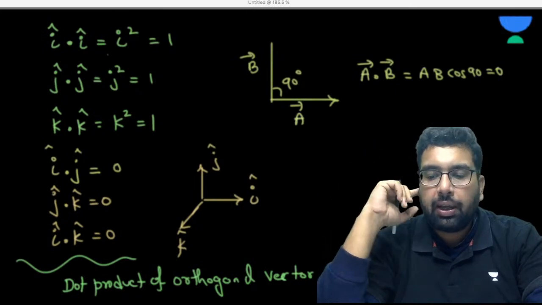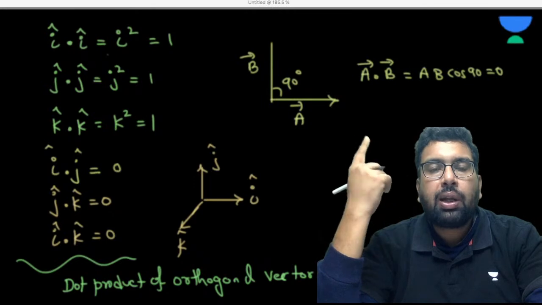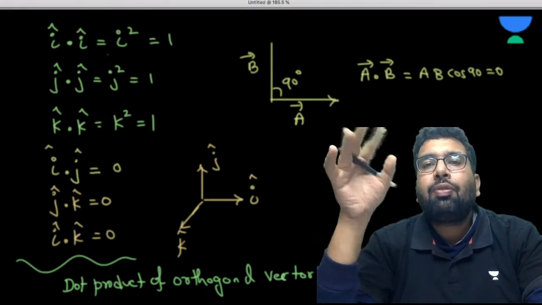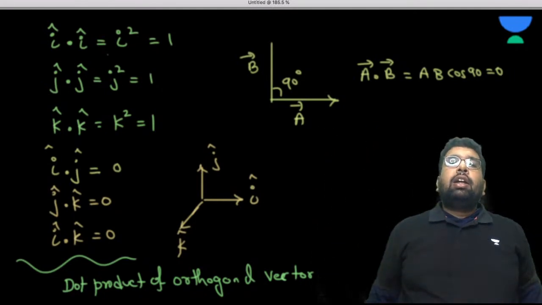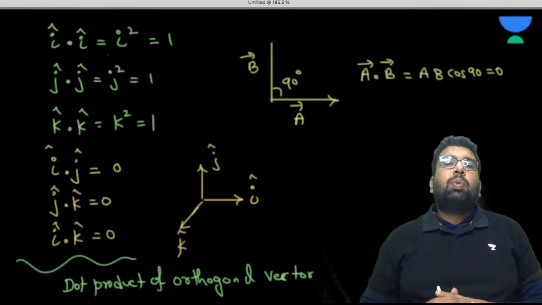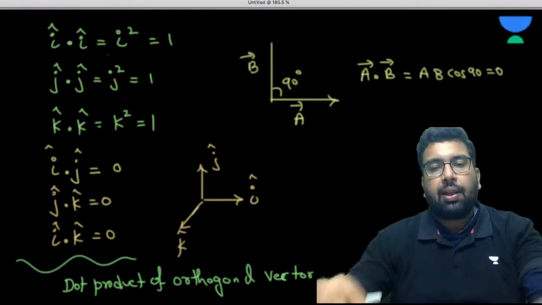I square is unity, because the magnitude of a unit vector is always 1, and 1 square is again 1. But when an orthogonal unit vector is multiplied with another orthogonal unit vector, like IJ, JK, IK, the product will become 0. So the dot product of orthogonal vectors is also clear, right?